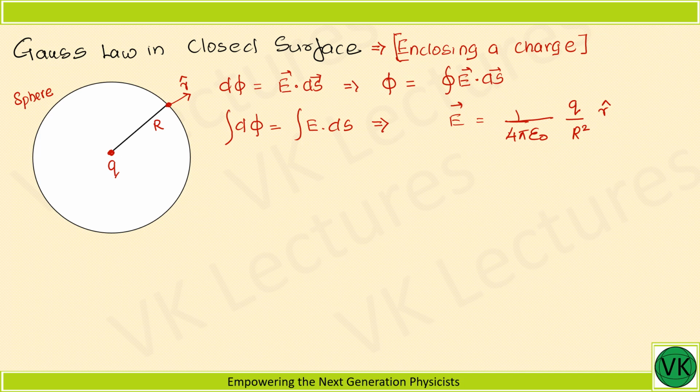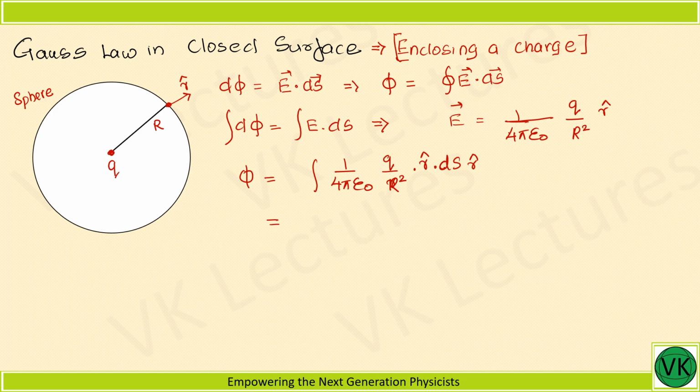Now we know the total flux phi equal to integral 1 by 4 pi epsilon naught q by capital R square, into r cap dot ds into r cap, because ds is in the direction of r cap.